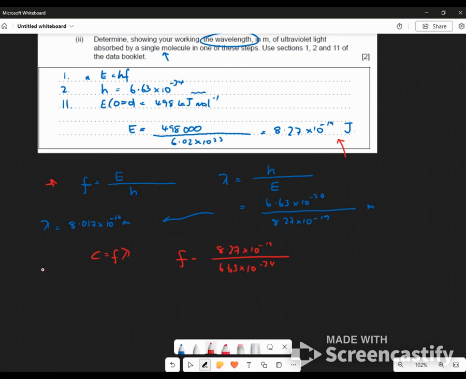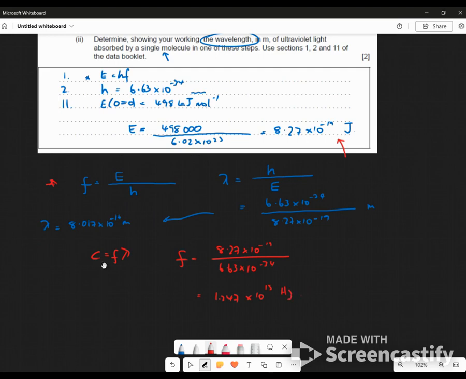So the frequency is 1.247... Why on earth hasn't it done this? So that is 1.247 times 10 to the 15 hertz. All right, that's the frequency.